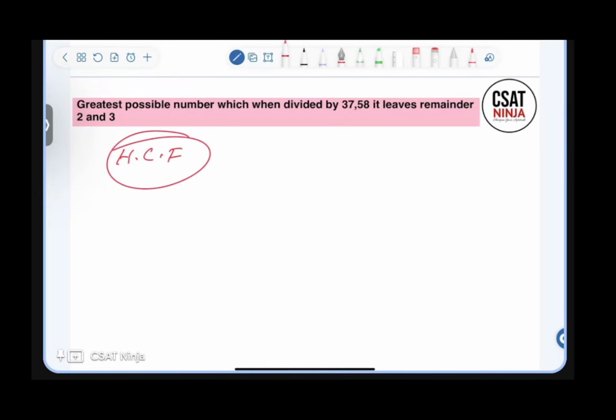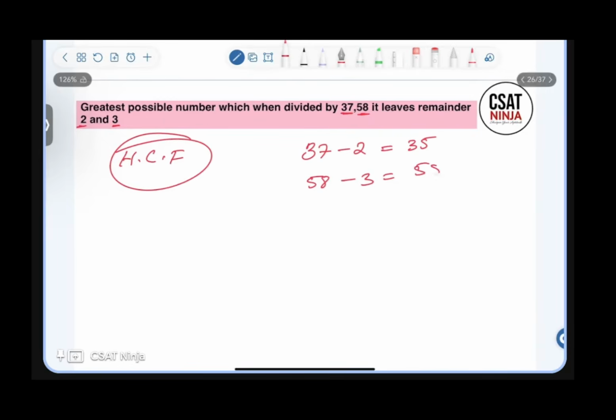But the trick is this one. From this number, 37, you subtract the remainder. Again, from this number, you subtract the remainder. So 37 minus 2 is 35, and 58 minus 3 is 55.